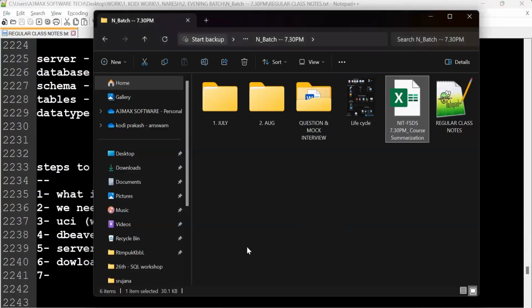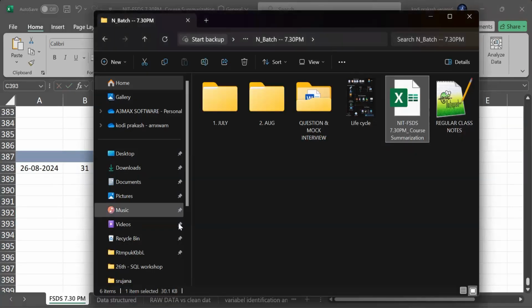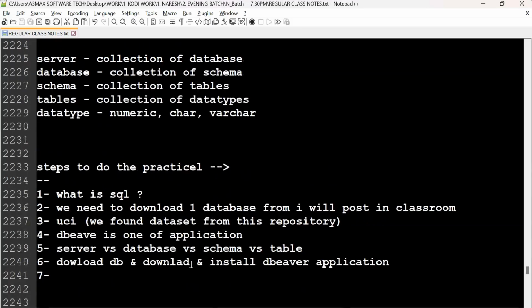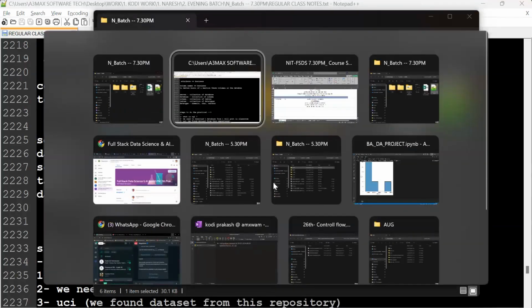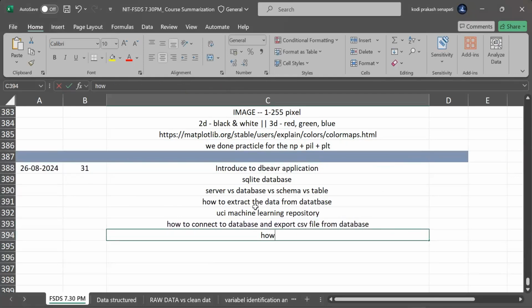So we also introduced the UCI Machine Learning Repository, and how to connect to the database, export a CSV file from the database, and how to generate raw data. How to generate raw data. Are we completed or not?